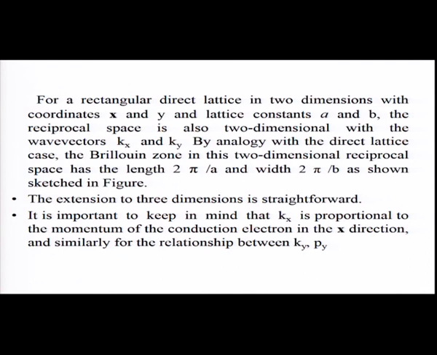The extension to 3 dimensions is straightforward, and while discussing the reciprocal space lattice, it is very important to keep in mind that kx in one dimension is proportional to the momentum of the conduction electron in the x direction, and similarly ky is proportional to the momentum of the conduction electron in the y direction.